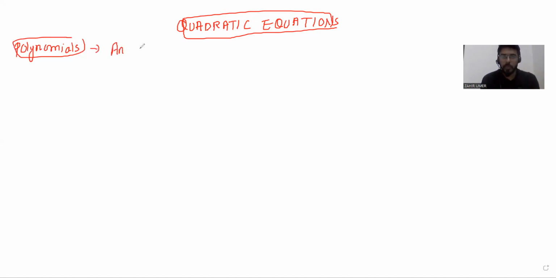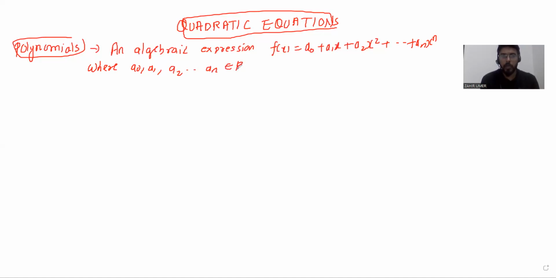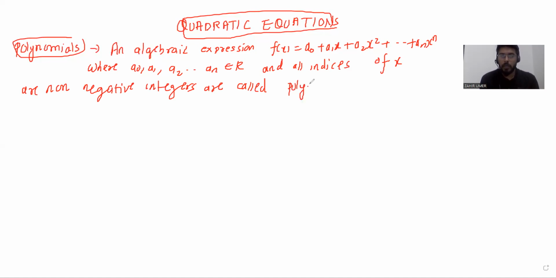A polynomial is simply an algebraic expression f(x) = a0 + a1x + a2x² + ... + an xⁿ, where a0, a1, a2, ..., an belong to R, and all indices of x are non-negative integers.